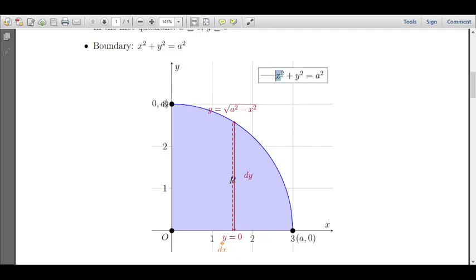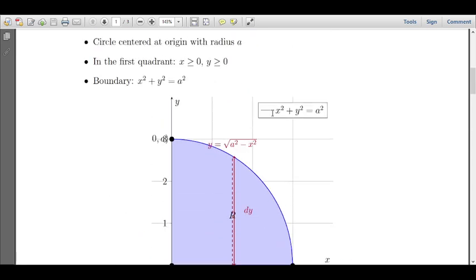So y square equal to a square minus x square, so y equal to root of a square minus x square. We take the positive root, because this is in the first quadrant.